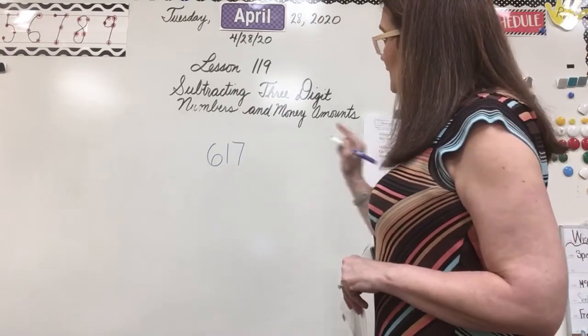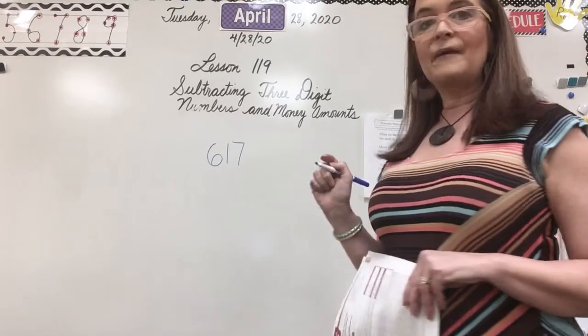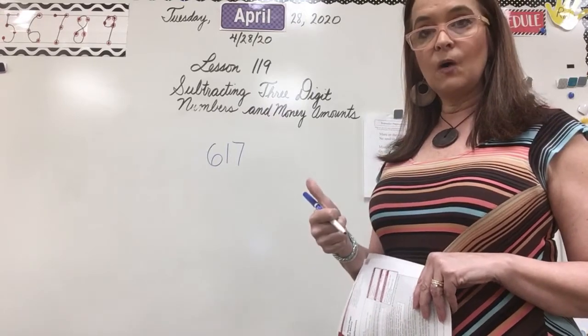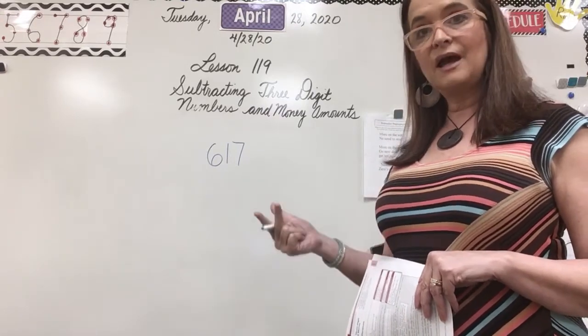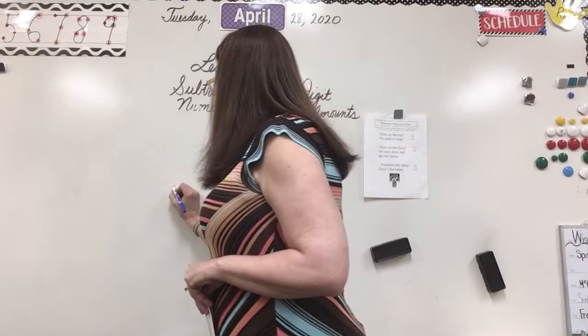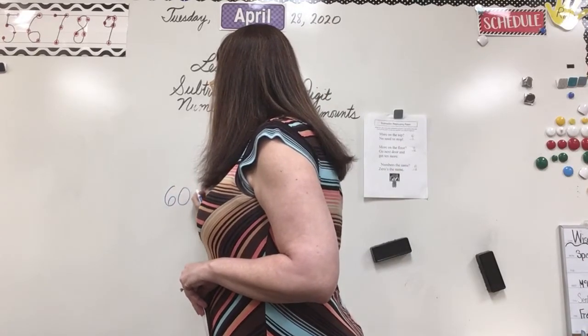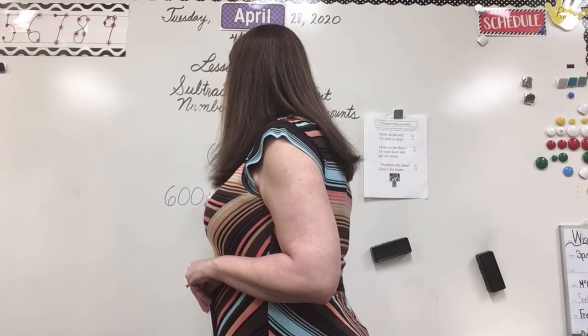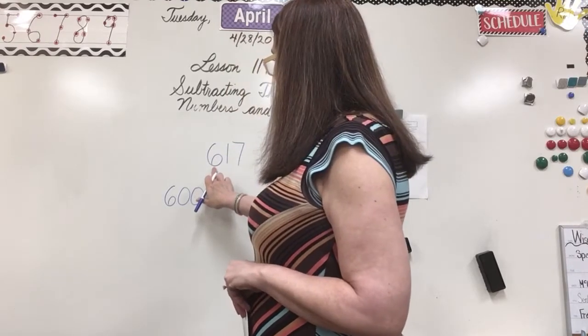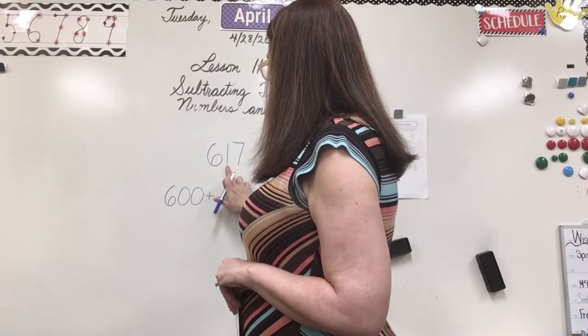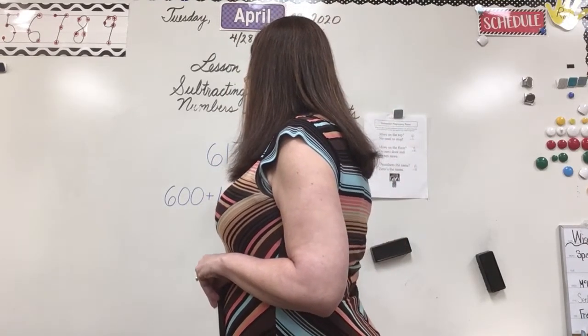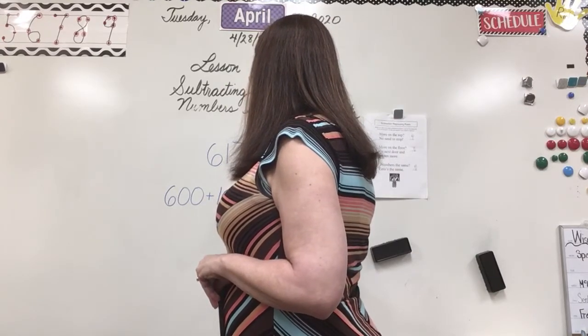All right? So if I wrote this in expanded form, I have to break it down into ones, tens, and hundreds. So I would have 600, because this is in the hundreds place. How many tens do I have? I have 1. 600 plus 10.